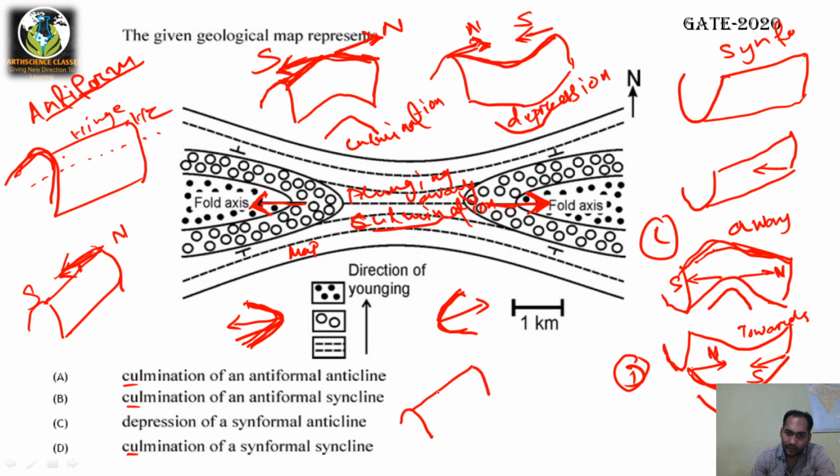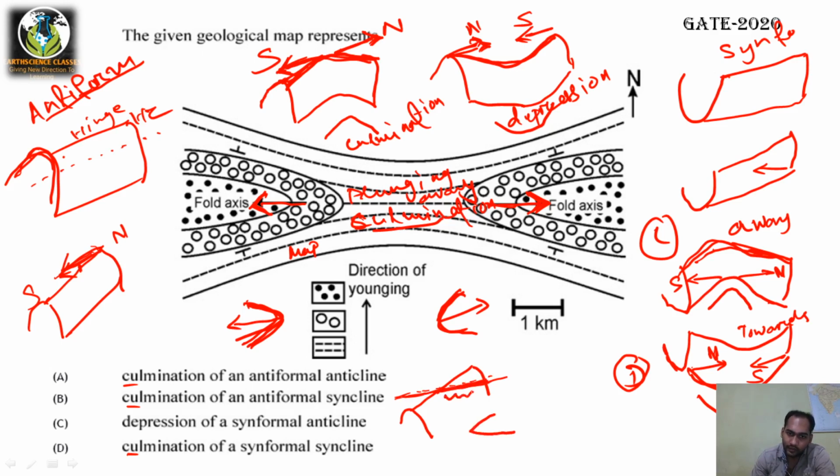If I pass a horizontal plane here, I have told you map means you have to see in horizontal. So if I pass a horizontal plane here, it will cut the fold here. You can see this is the closing end. It will be like this.